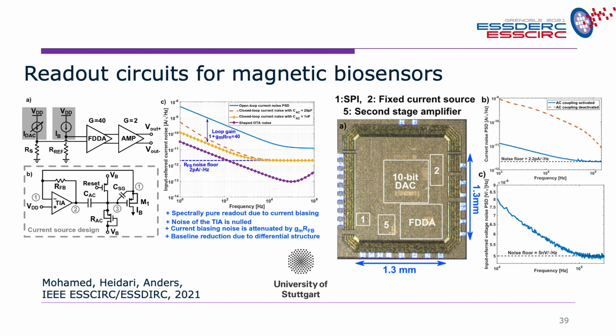This work is presented next week at the ESSCIRC ESSDERC conference. The TMR and readout circuits provide a very low magnetic field noise floor of around 120 picotesla per square root hertz. The whole microsystem also features a 10-bit on-chip current DAC that allows compensating for the large process variation in the TMR-based resistance value.